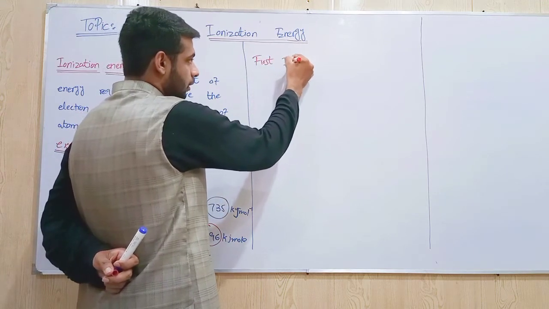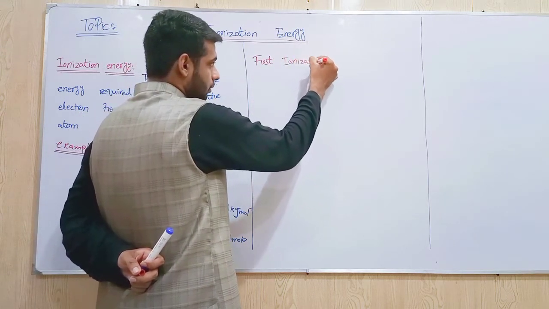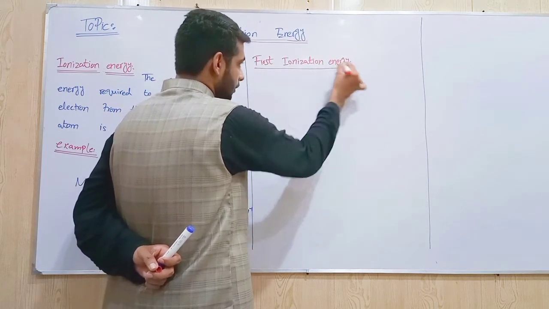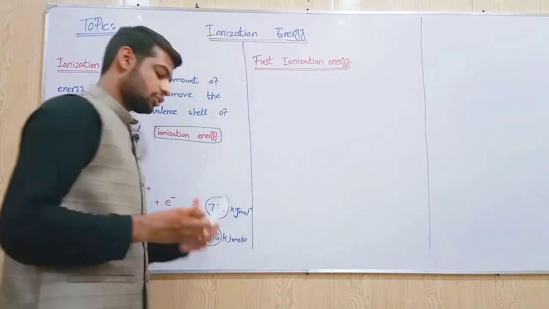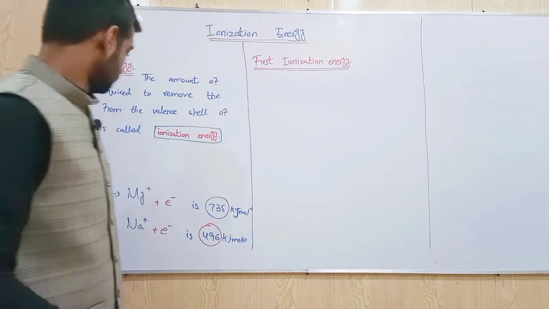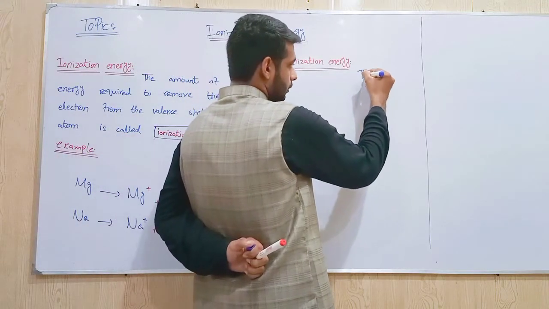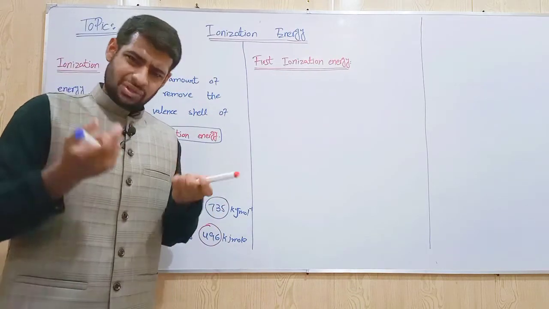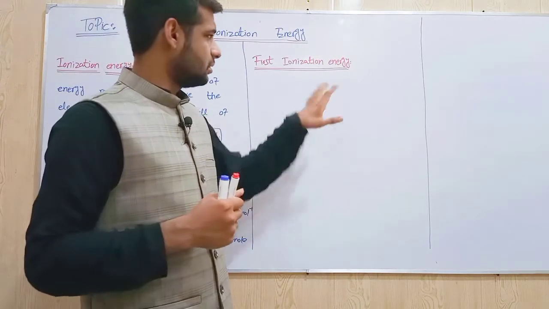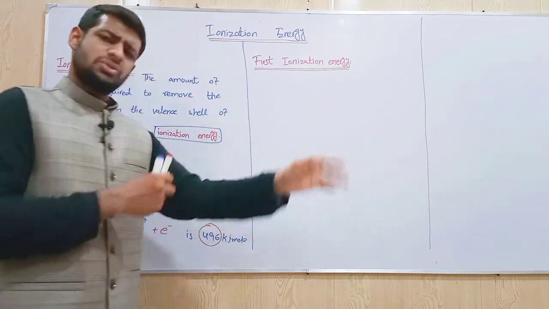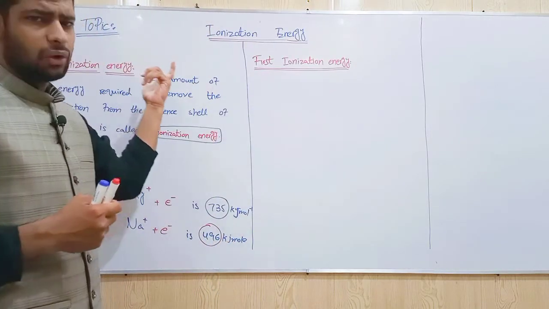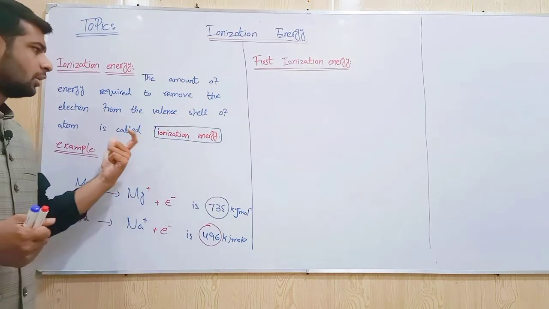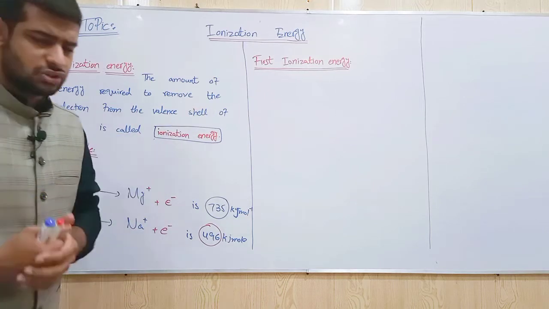Just listen to this definition. The same definition of ionization energy: the amount of energy required to remove the electron from the valence shell of an atom is called first ionization energy.